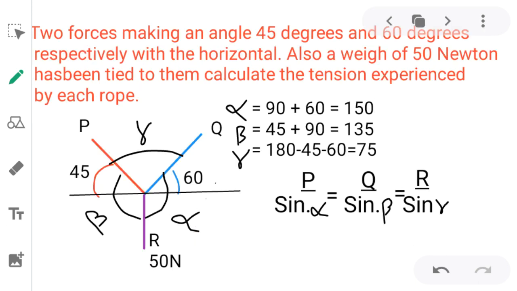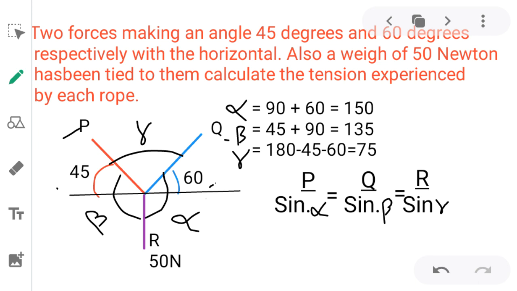So let's take one simple example. How can we apply Lamy's theorem to a problem? Let's take two forces making angles of 45 degrees and 60 degrees respectively with the horizontal. P and Q are the two forces; P is making 45 degrees and Q is making 60 degrees with the horizontal.